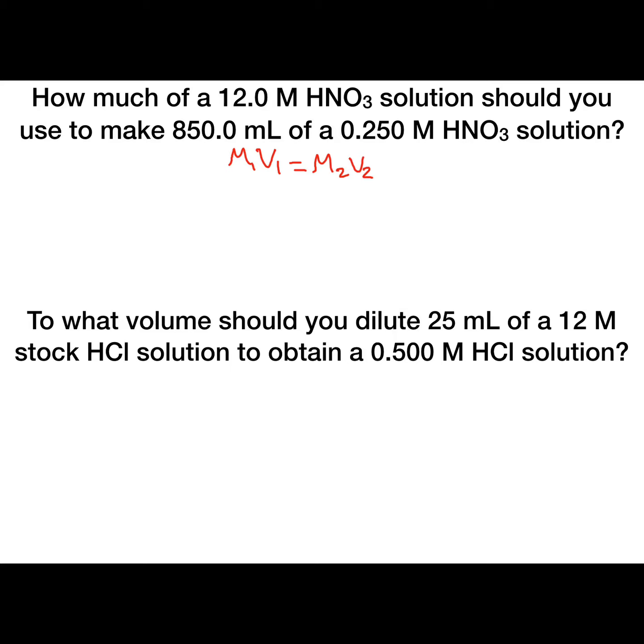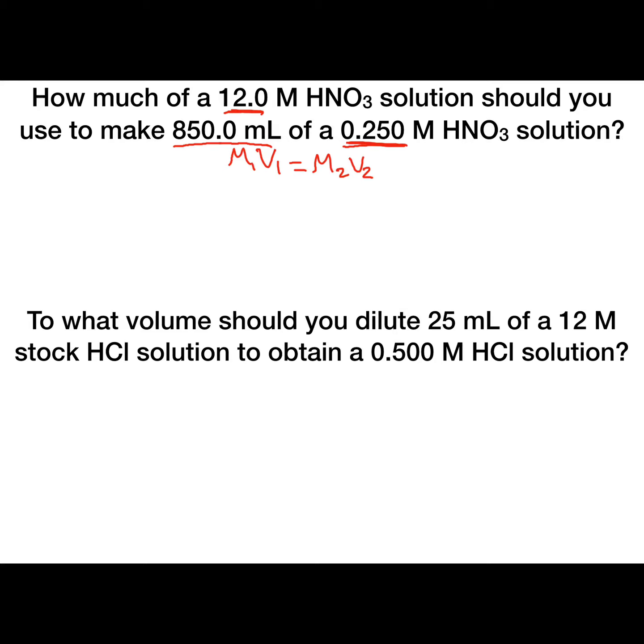We have M1, which is our 12.0 molarity, our V1, which is what we're trying to solve for. We have our M2, which is our 0.250 molarity, and we also have our V2, which is the 850.0 milliliters.